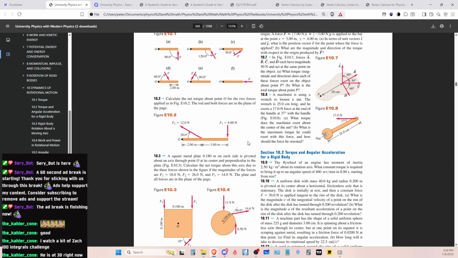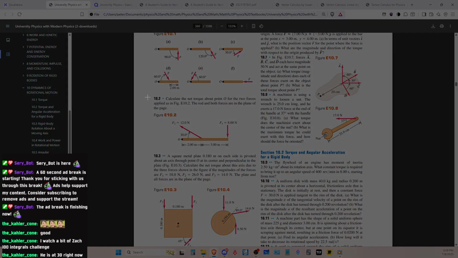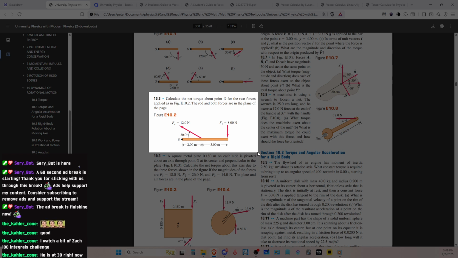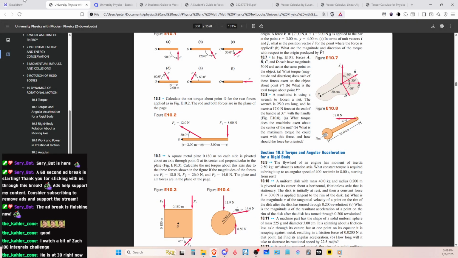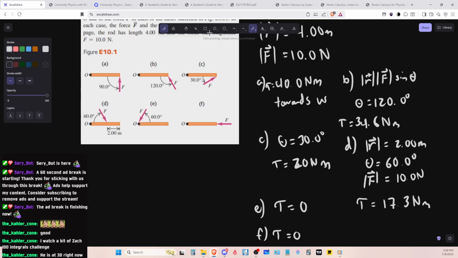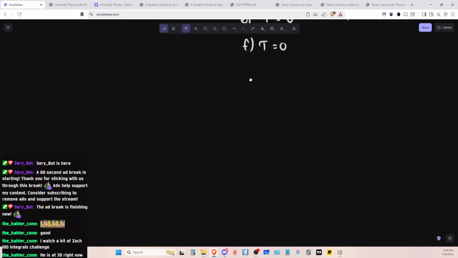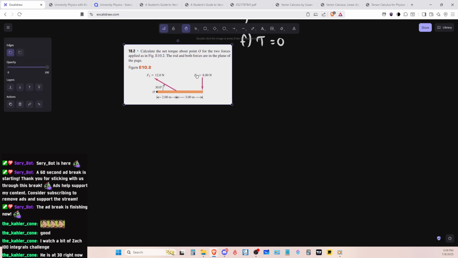Now let's get into a little bit trickier problems. So let's just do 10.2. Luckily these present pictures. I actually am liking the pictures because it makes me visualize it better and I don't have to make crude drawings.